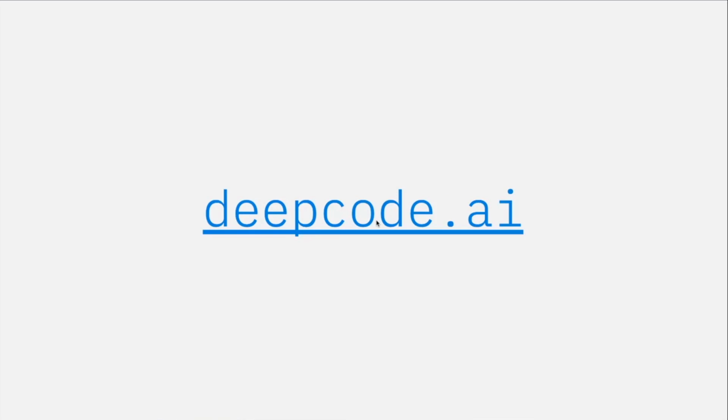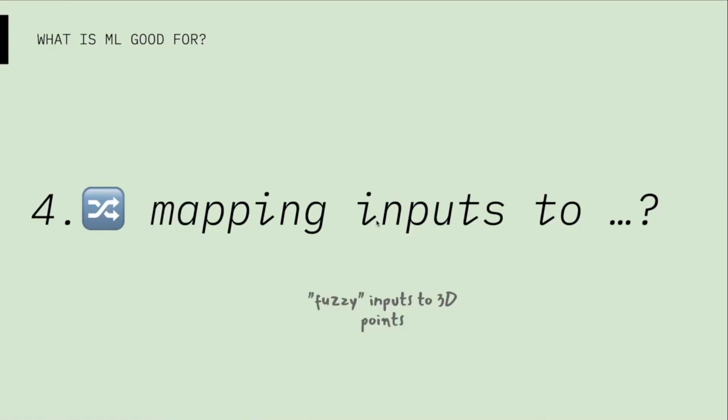And so we've talked about classifying, detecting outliers, and predicting potential futures. Another example of what machine learning is good for is mapping inputs to something else, taking fuzzy inputs and then spitting something out.